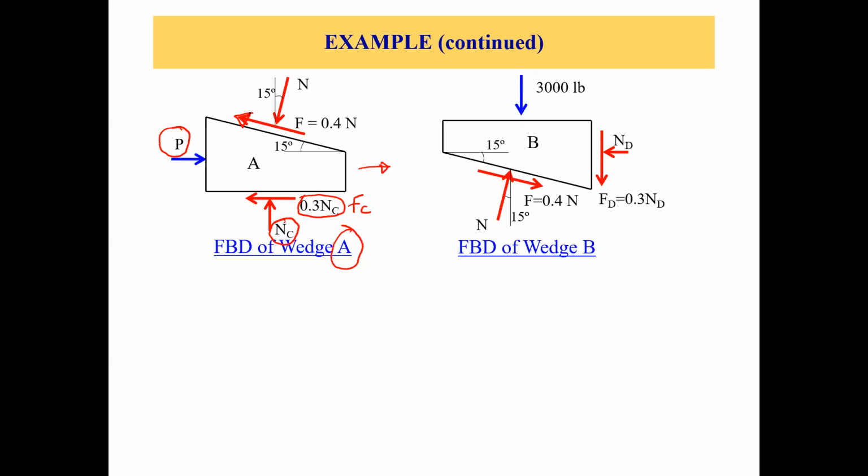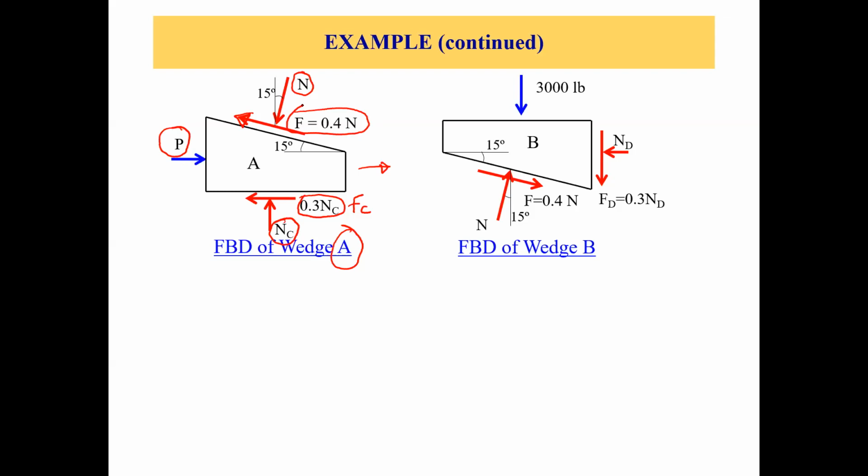And similarly, this normal force will be perpendicular to the surface, normal to the surface. Okay, so now we know that this F equals 0.4 times N. 0.4 is the friction coefficient and N is the normal force, right?